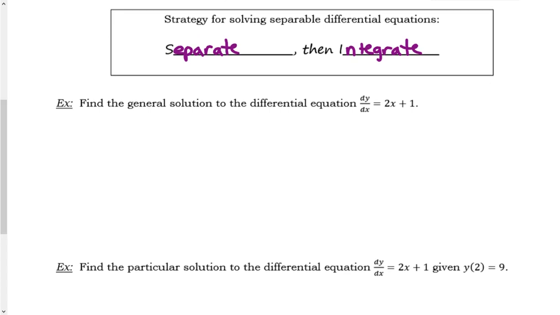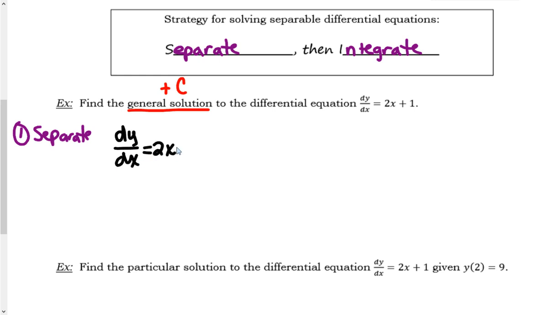Find the general solution to the differential equation dy/dx equals 2x plus 1. Now, the general solution tells me immediately I'm going to have a plus c at the end. So let's go ahead and work out how to do this. The first thing that I want to do is separate. So let's start with what we have, which is dy/dx is equal to 2x plus 1.